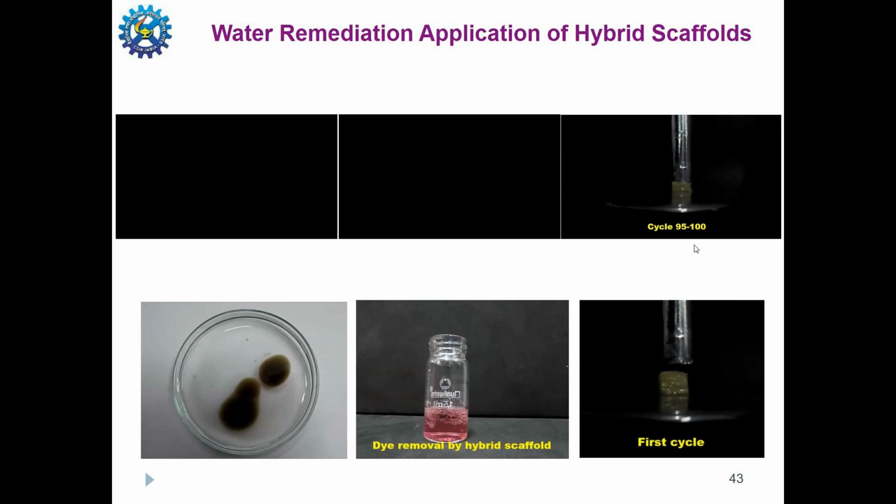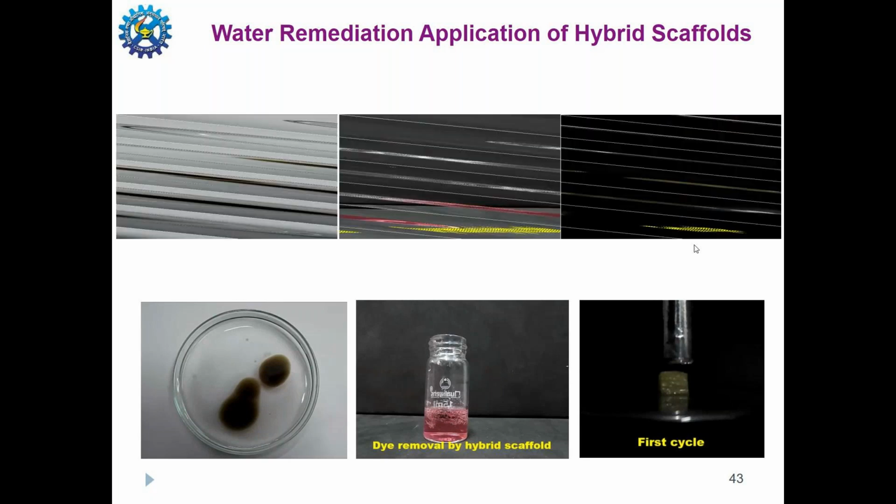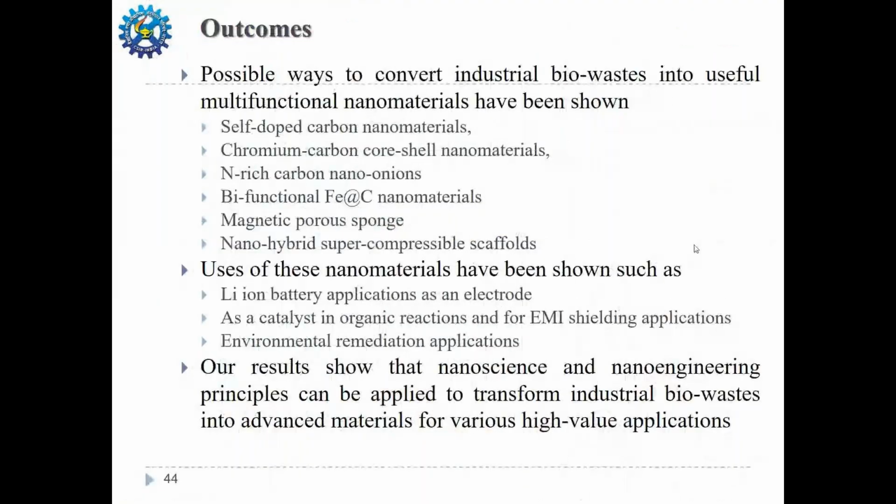All right, so I will stop with this, and I will move on to the final concluding slide. I would like to conclude by saying that there are a variety of ways to convert these industrial bio-waste into useful multifunctional nanomaterials, like self-doped carbon nanomaterials, chromium carbon core-shell nanomaterials, nitrogen-rich carbon nano-onions, bifunctional iron carbon nanomaterials, magnetic porous sponges, and nanohybrid supercompressible scaffolds.